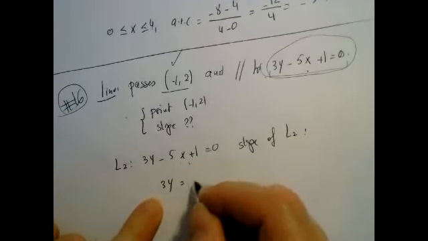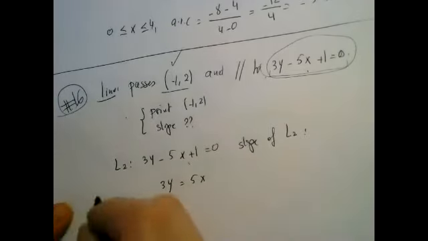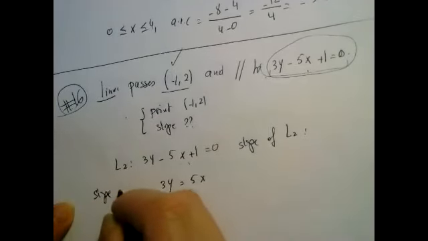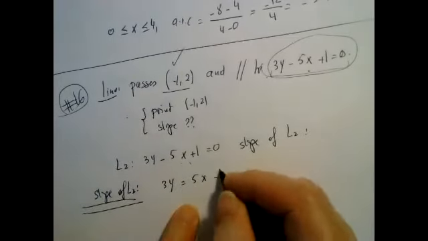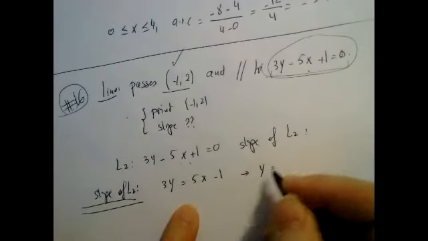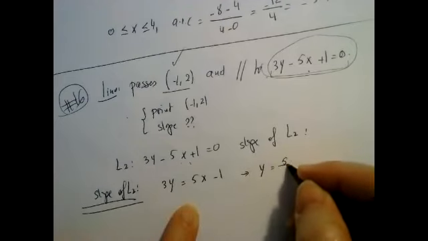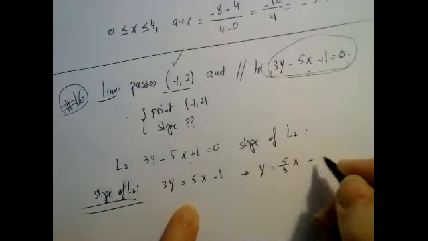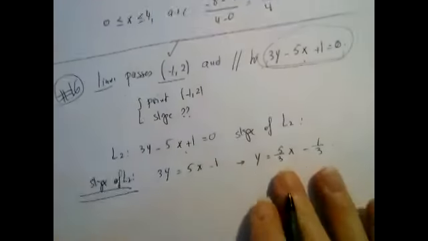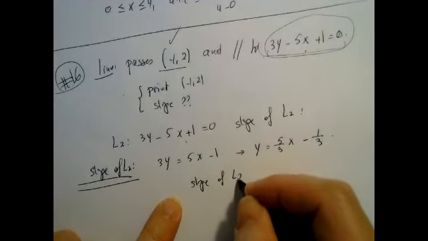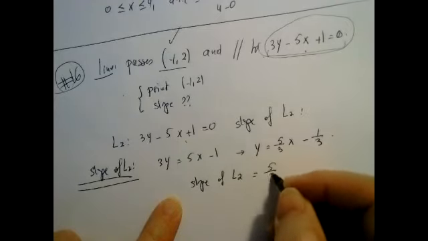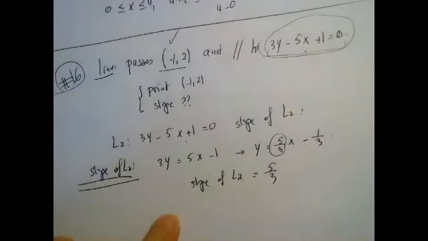It gives me 3y equals 5x minus 1. I divide by 3 across, which gives me 5 over 3 x minus 1 over 3. So the slope of this line is 5 over 3. It's what x is multiplied by.